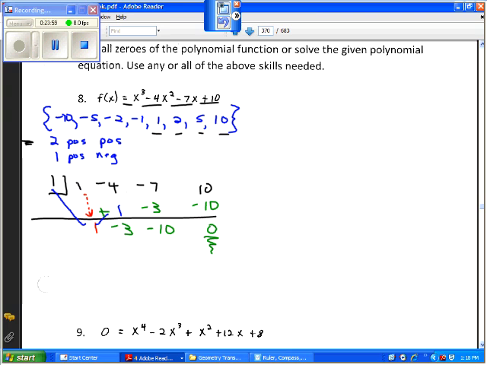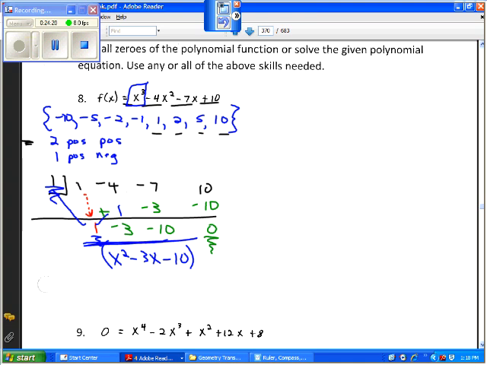What does that mean things are going to look like now? What does this part turn into? It was x cubed. It's going to go down in degree by 1. So this is 1 x squared minus 3x minus 10.